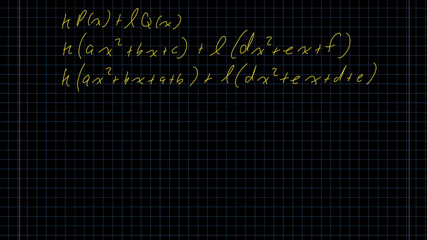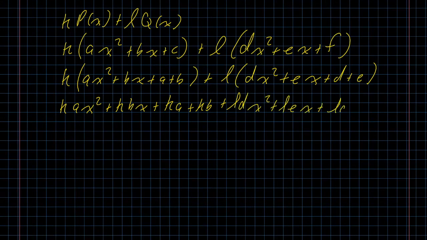And continuing from here, I can distribute. And I can use the commutative and associative properties of real numbers to rearrange these things so that I have (Ka plus Ld) all times x squared.